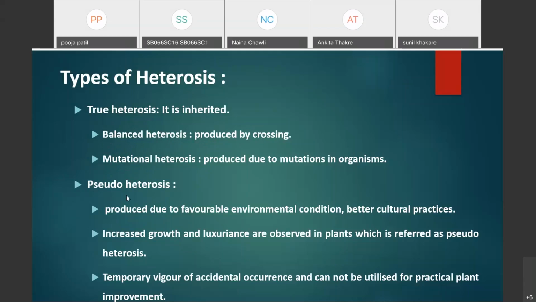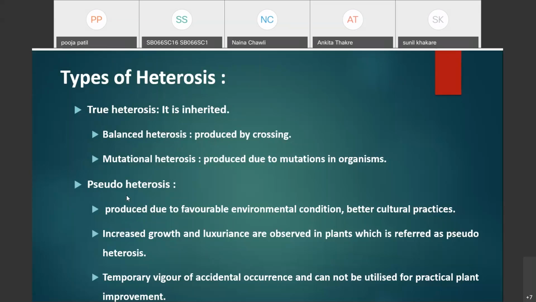Here the second type of heterosis is the pseudo heterosis. Why is it called pseudo heterosis? Sometimes due to more favorable environmental conditions and better cultural practices, increased growth and luxuriance are observed in the plants, which is referred to as pseudo heterosis.